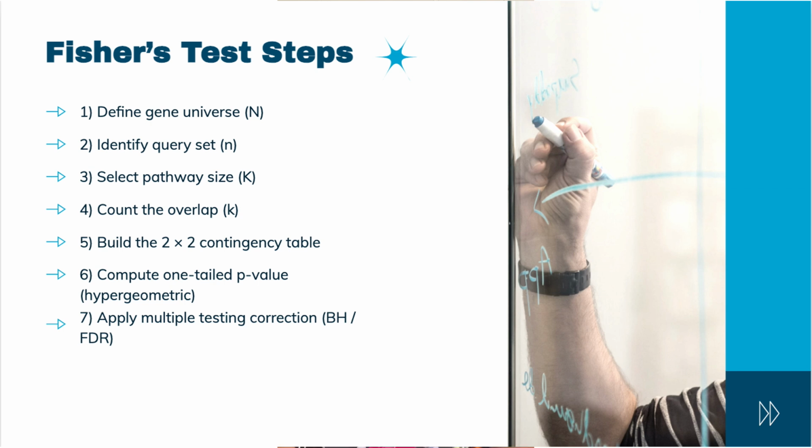From there, we'll compute the one-tailed p-value from the hypergeometric test, and we'll also apply the multiple testing correction.